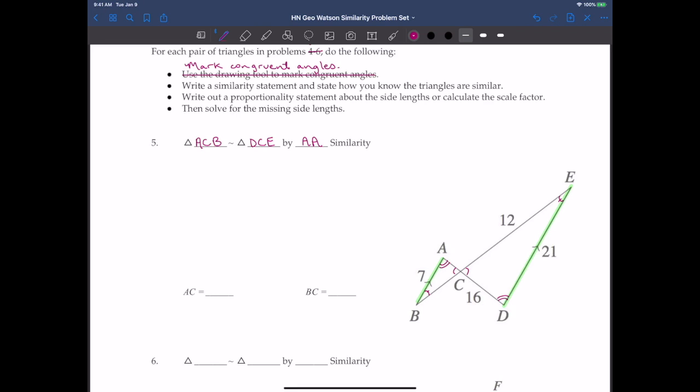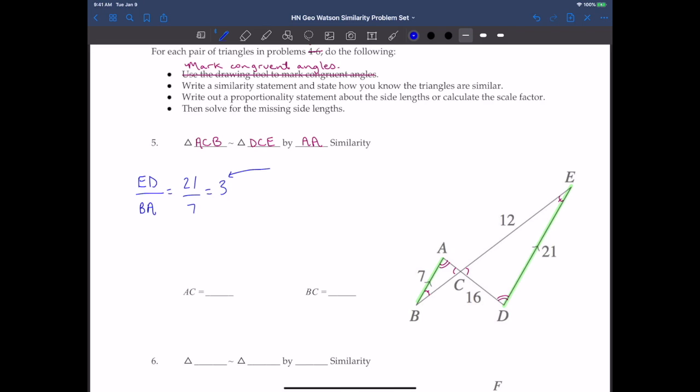So I'm going to do this in two ways. Now that I have a similarity statement, what I can do is solve for AC and BC. The easiest way to do this is to notice that the scale factor relating the side lengths of the smaller triangle to the larger triangle is 3. ED over BA equals 21/7, which is 3.